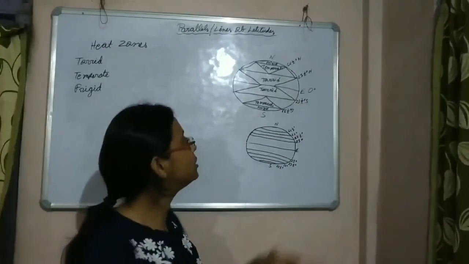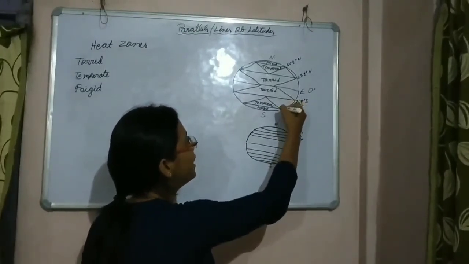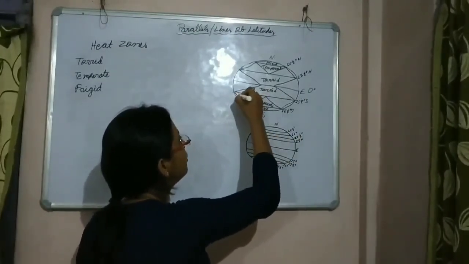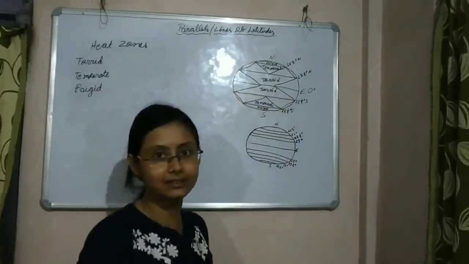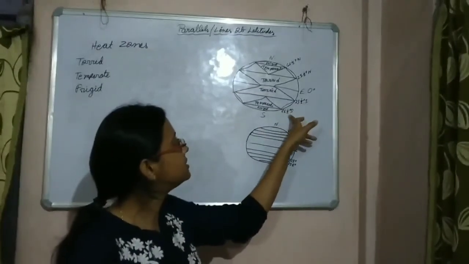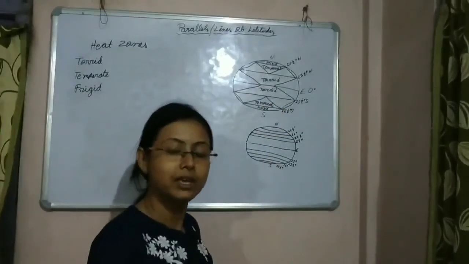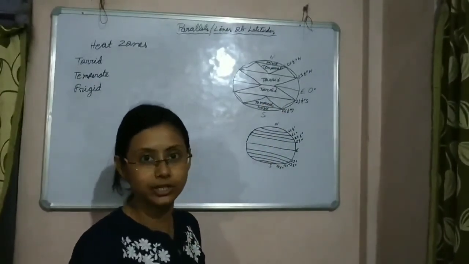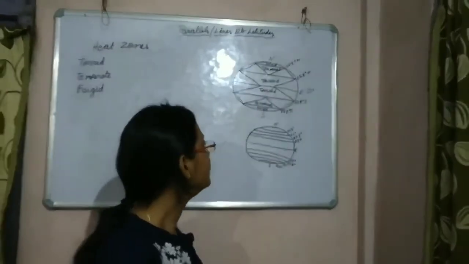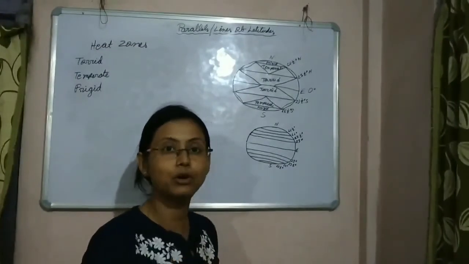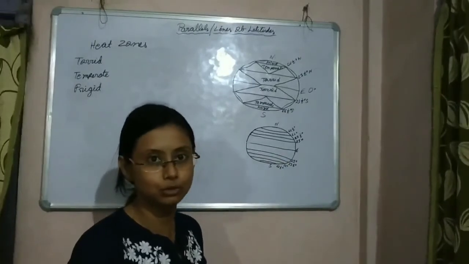The south temperate zone is located beyond the 23 and a half degrees S latitude and up to 66 and a half degrees S latitude. This is the south temperate zone. Here also the temperature remains moderate almost throughout the year, not so cold and not so hot.